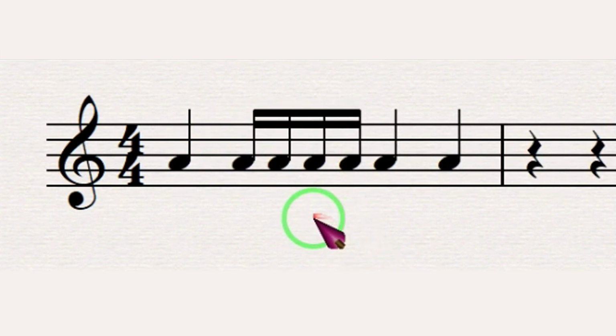I can also replace one semiquaver or 16th note by a rest, like this one.